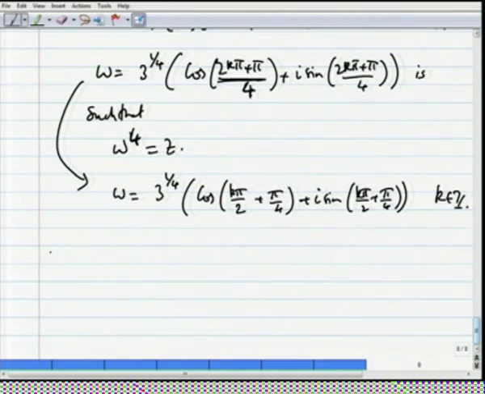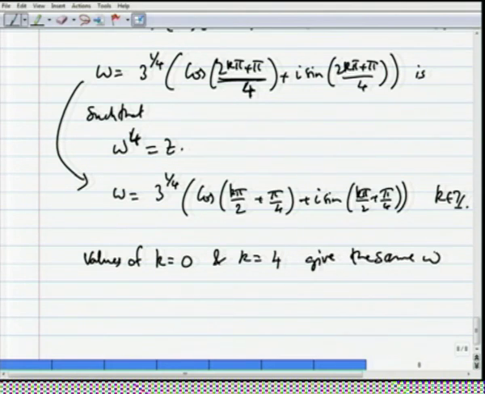Now, notice that the values k equals 0 and k equals, let us say, 4 give the same w. That is because when you substitute 4 in there, you get k pi by 2 equal to 4 pi by 2, which is 2 pi, and cosine and sine are 2 pi periodic.